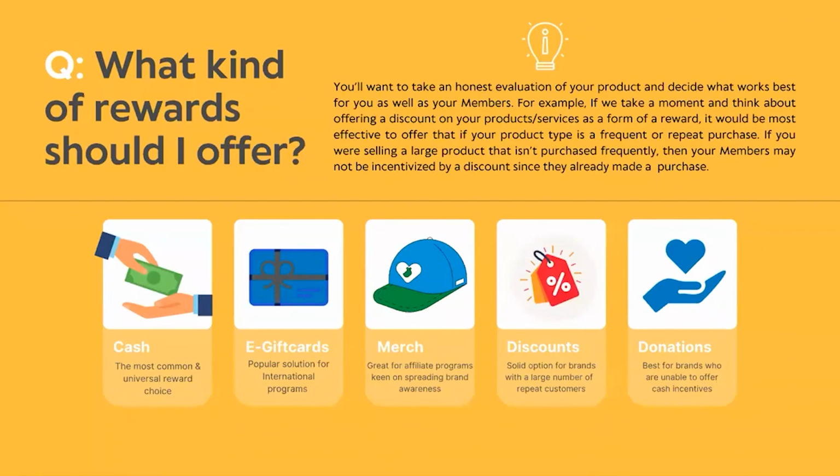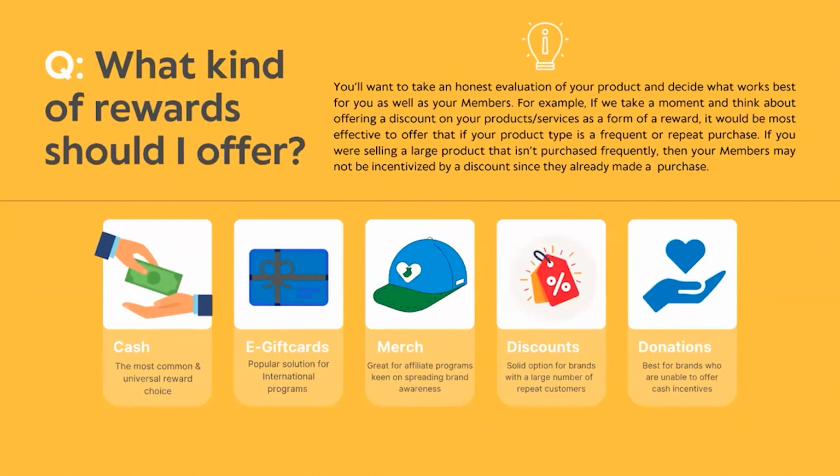So to get into best practices, if you're referencing this graphic, common rewards that we see in most programs are cash, gift cards, merch, discounts, and donations. If you are one of those companies, like I was just talking about, that has large and infrequent purchases, usually we'd see member rewards as cash or gift cards, something like that.